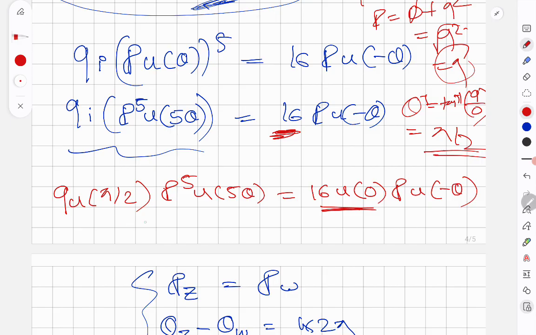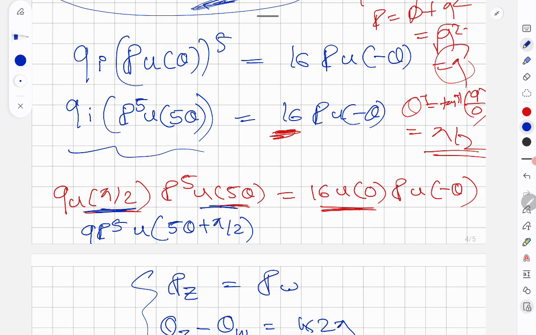So here if you compare all of this, I can write this one as 9 rho^5 u^(5 theta plus pi by 2), since two things are multiplied, so the theta will be added, right?